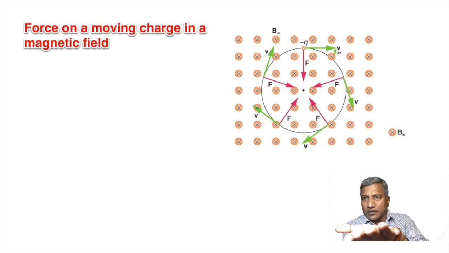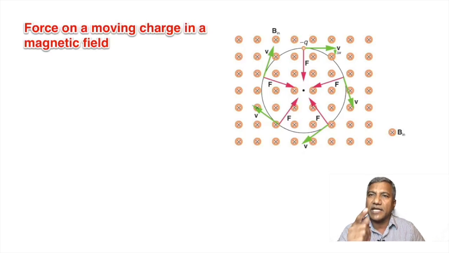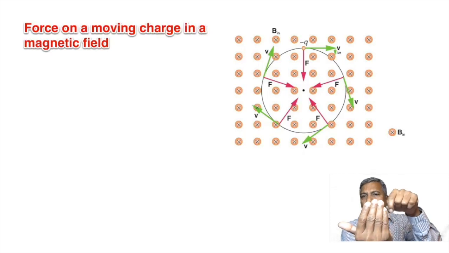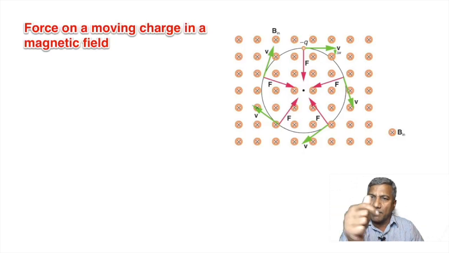If you flip the fingers, it will show you the direction of the force upwards, and that is true for a positively charged particle. But since this is a negatively charged particle, when you get it upwards, you have to remember this is a negatively charged particle, so the force is going to be in the opposite direction. That's why the forces are shown in the opposite direction here.